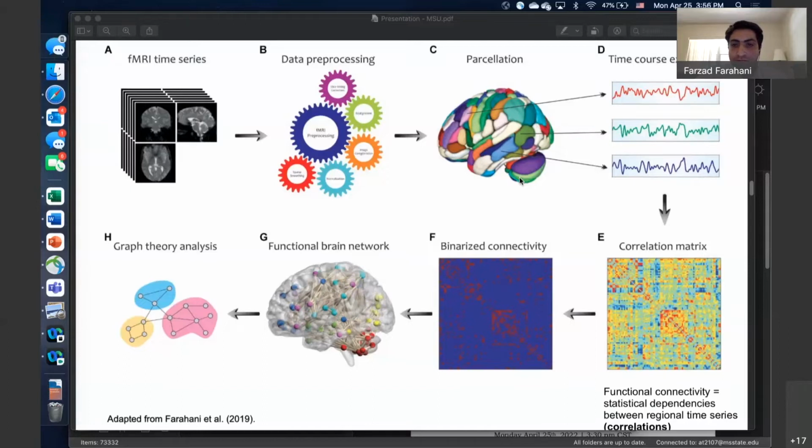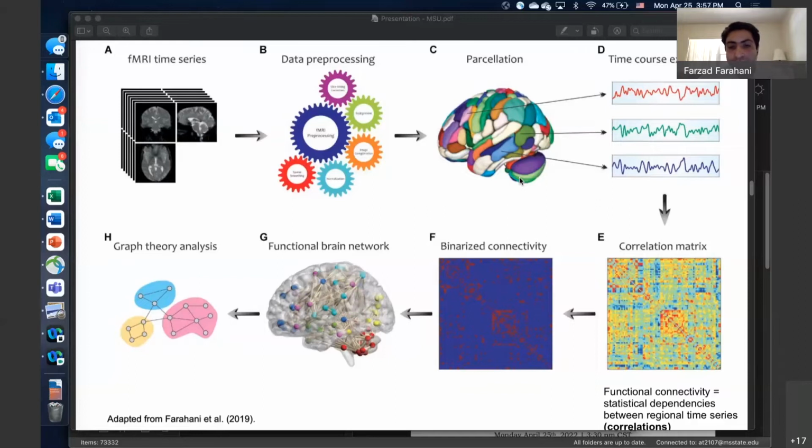Then, based on these time series in panel D, we can create a correlation matrix, a functional connectivity matrix showing the statistical dependency between different regions. This is a symmetric square matrix showing the correlation of pairs of regions inside the brain.